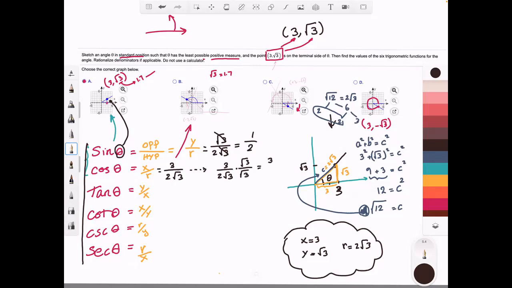This gives us 3 radical 3 over 2 times 3. Radical 3 times radical 3 is radical 9, and radical 9 is 3. 3 will cancel. We will get radical 3 over 2. Correct?